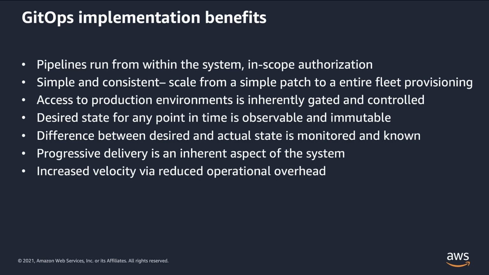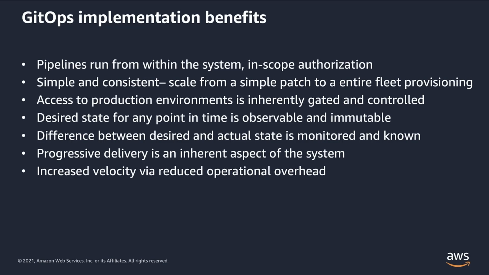So your access to production environments is inherently gated. That's an inherently gated aspect of the system, and it's controlled. And we'll talk about that in a bit when we talk about repository organization. But effectively, everything's coming through Git, so you can control on a team by team or even an individual by individual basis who has access to which repos and who can merge PRs.